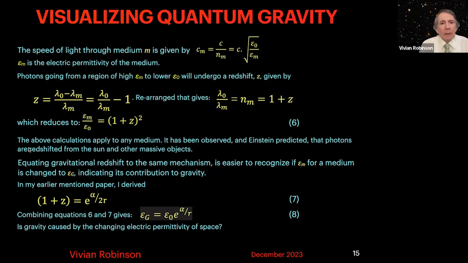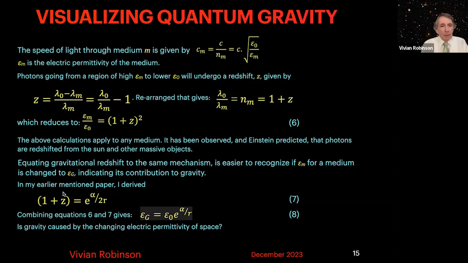The above calculations apply to any medium. It has been observed, and Einstein predicted, that photons are redshifted from the sun and other massive objects. Equating gravitational redshift to the same mechanism is easier to recognize if epsilon m for a medium is changed to epsilon g, indicating its contribution to gravity.